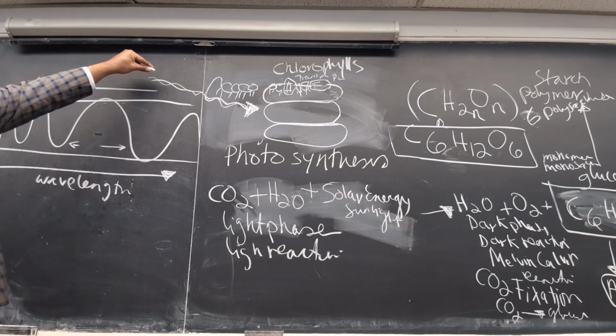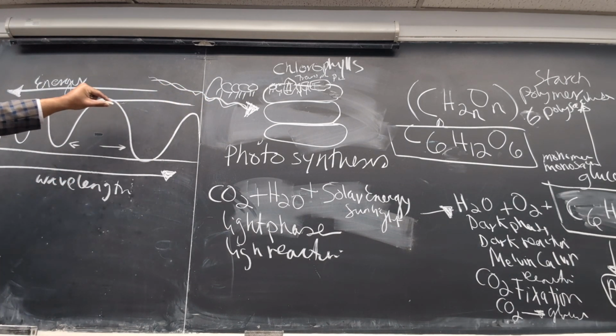So when you project sunlight, all of the color spectrum is found within the sunlight, but is divided into different colors. So we have red, orange, yellow, green, blue, violet. Violet has the highest energy and the least wavelength.